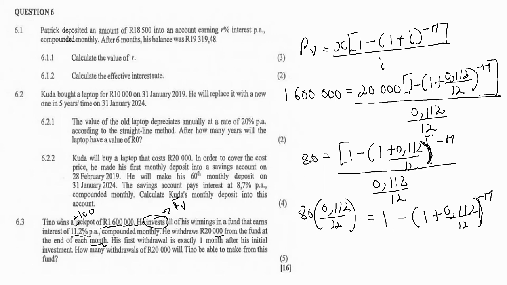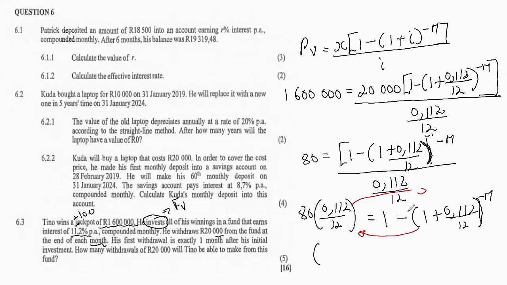Right. Then at this point, if we want to have our logs, all we can do here, if we want to further calculate, so this will not be abracadabra, but then I'll just be taking this over to the left-hand side and then taking all of that over to the right-hand side. So I'm trying to make n the subject of the formula.